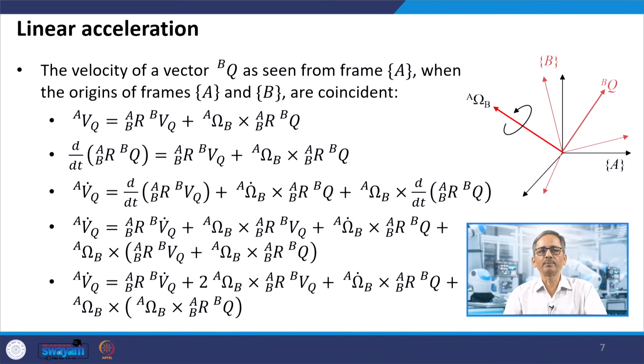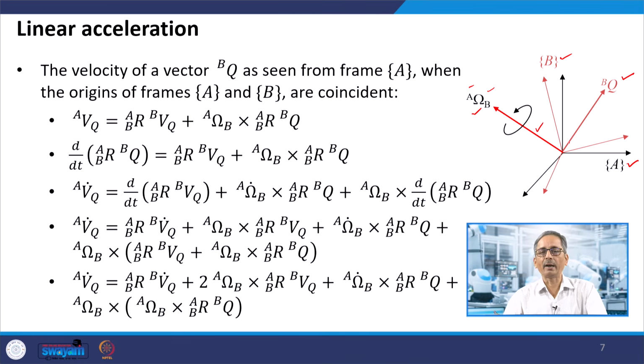Suppose we have a vector q^B, with superscript B indicating that the vector is defined in frame B, and there is another frame A, and B has an angular velocity omega with respect to frame A, given by this velocity vector.